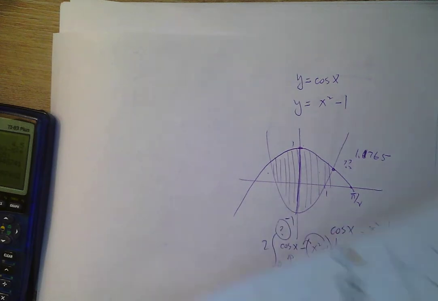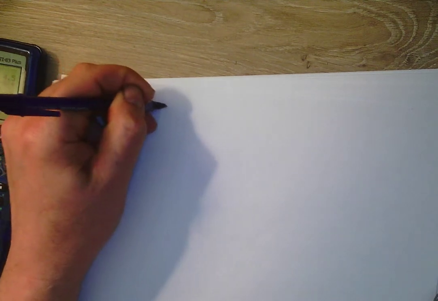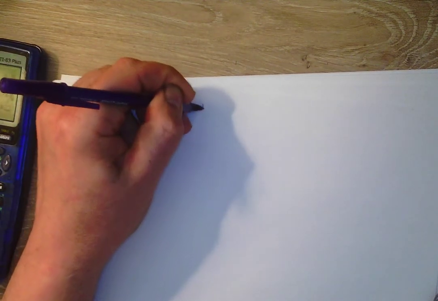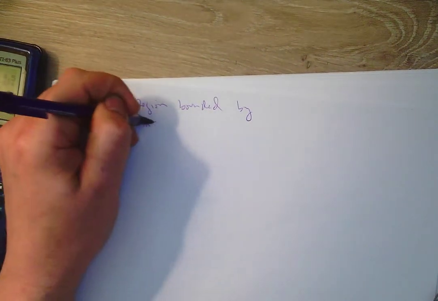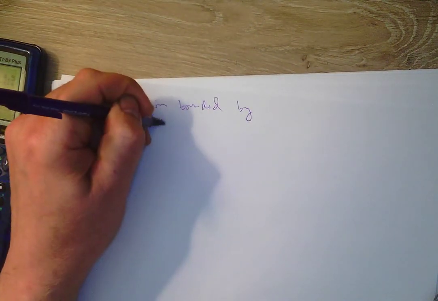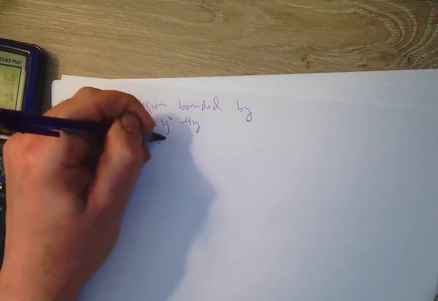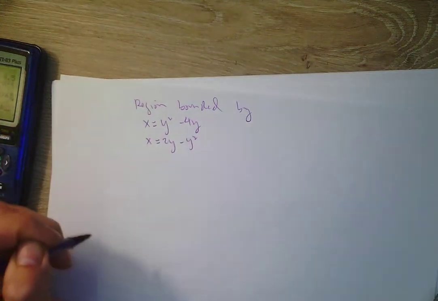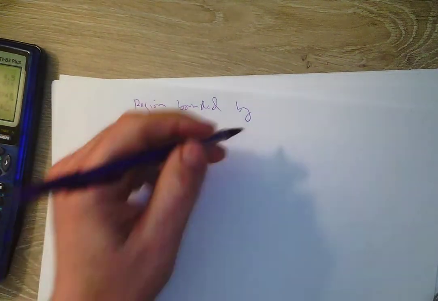Now, what about this? Region bounded by x equals y squared minus 4y and x equals 2y minus y squared. Okay, so what do those look like?